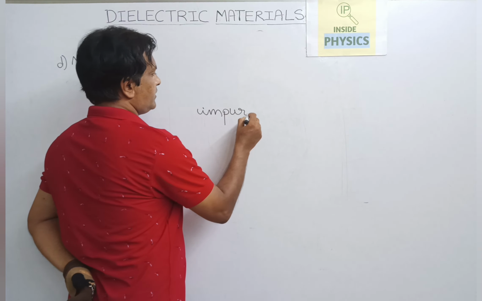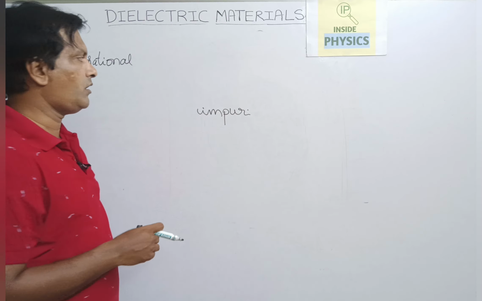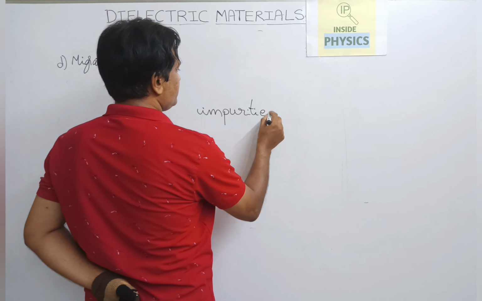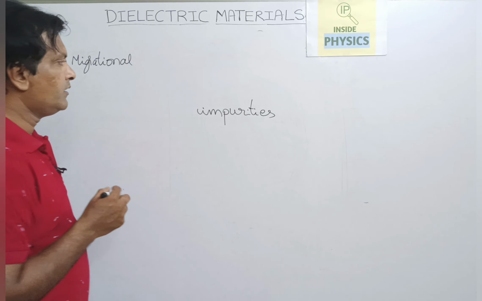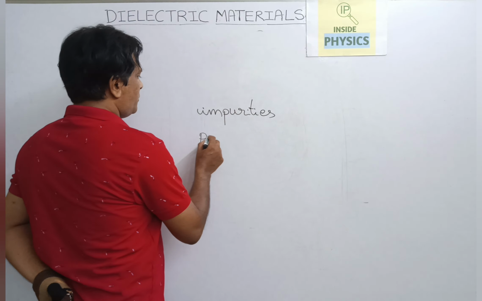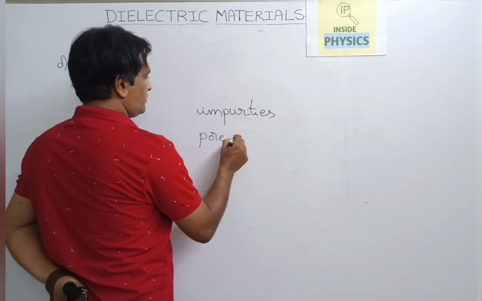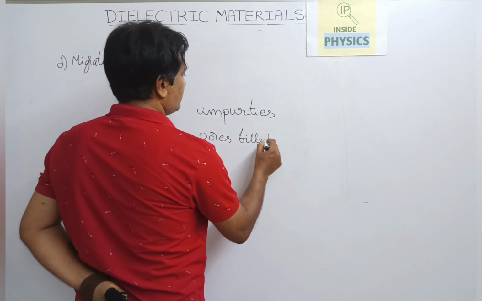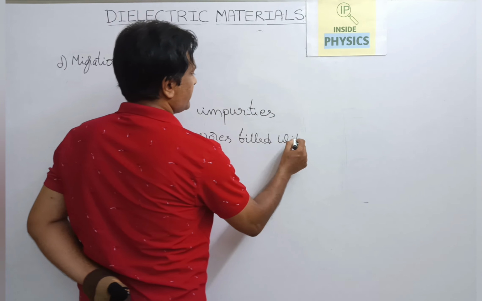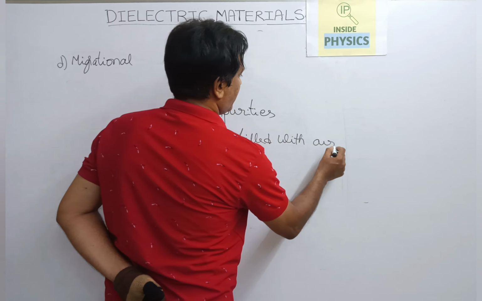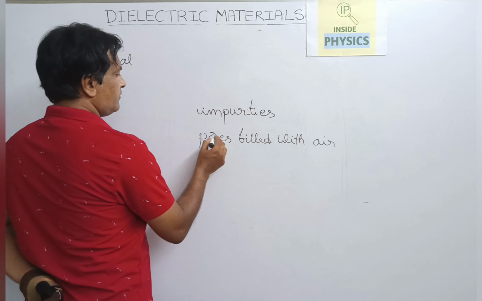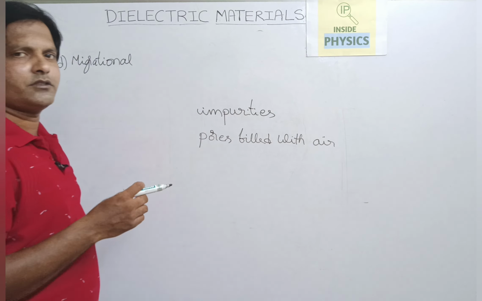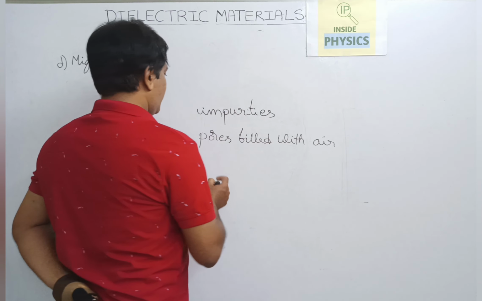It is present in homogeneous materials also, which are having some impurities, and with some pores filled with air. These pores which are filled with air, or some gap inside the material, are also considered as an impurity.